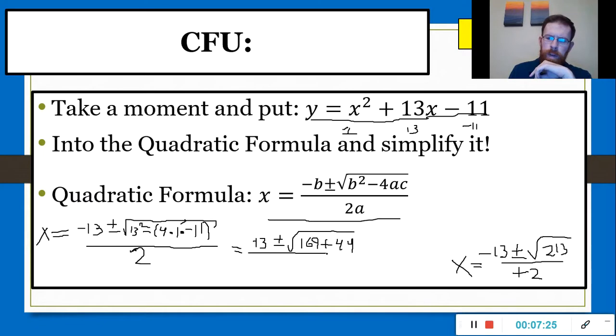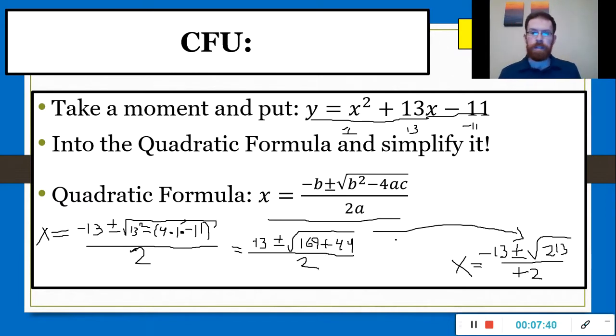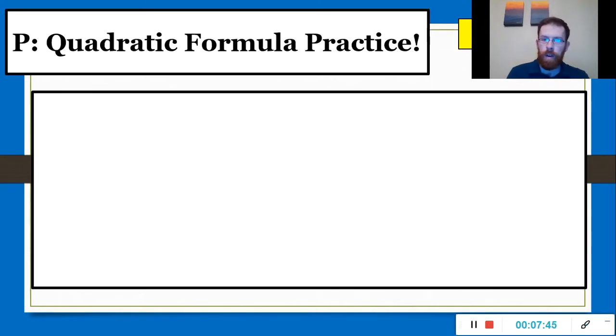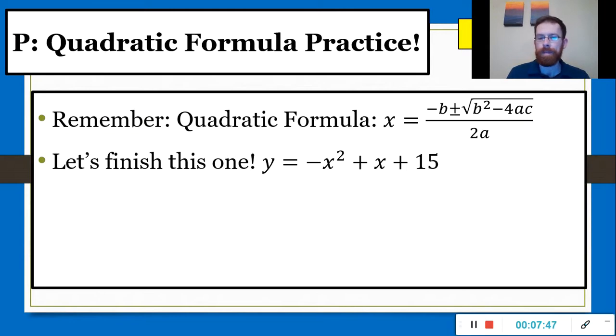Because remember, two negatives multiplied together is equal to a positive. And 169 plus 1 plus 44, 213. Once again, building these should be relatively easy, which is good because now we're actually going to solve them.